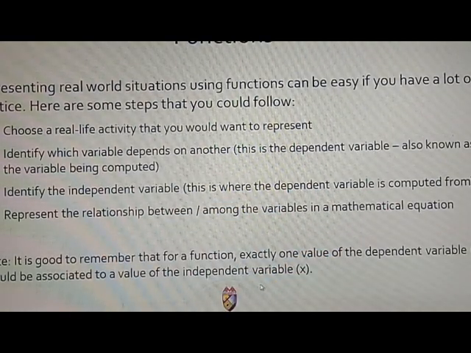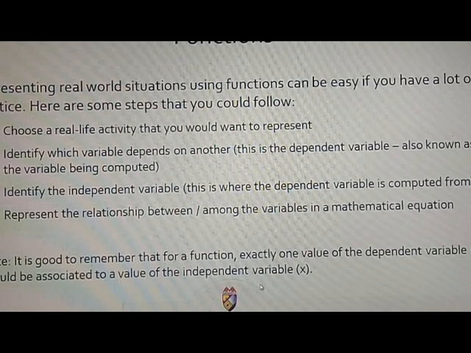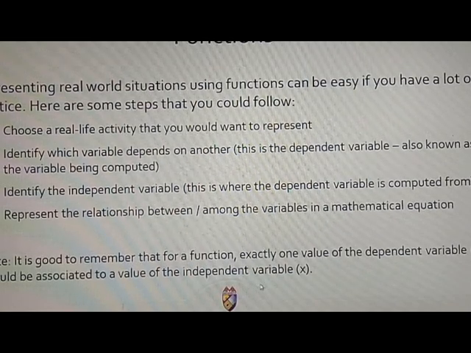Note, it is good to remember that for a function, exactly one value of the dependent variable y should be associated to a value of the independent variable x. So what does that mean? For every x, there should be only one value of y. Otherwise, the given relation will no longer be a function.